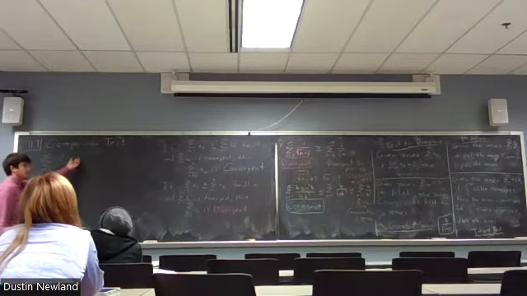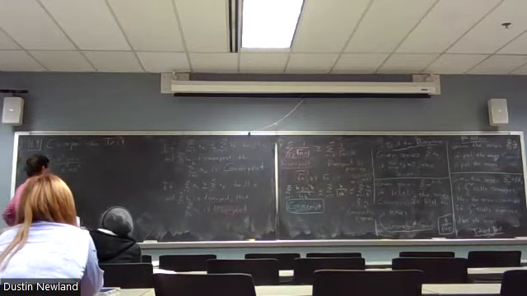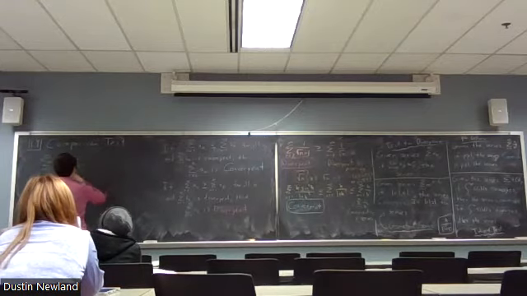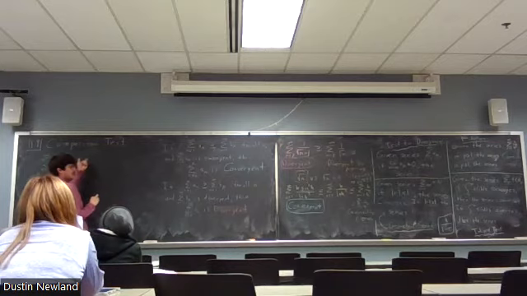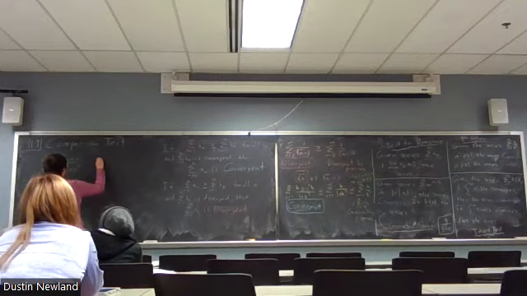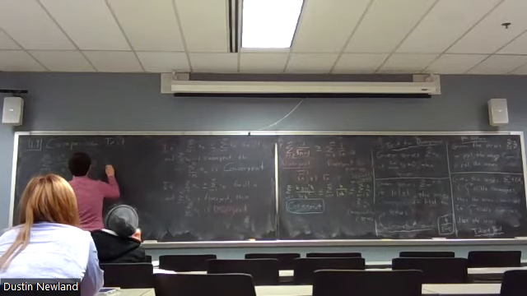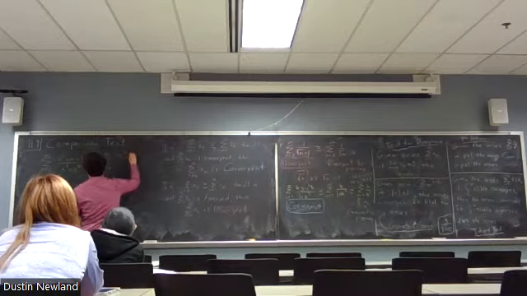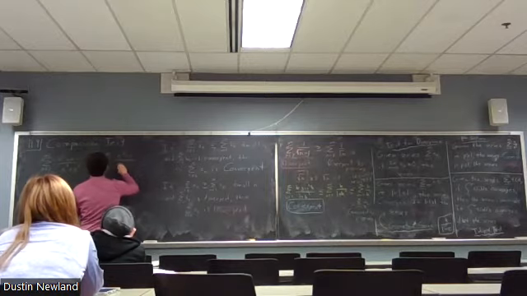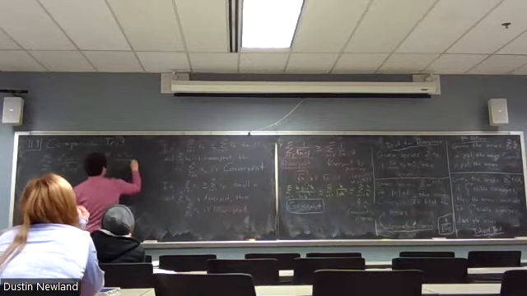So if I take off this 1, am I going to get a series that's bigger or smaller? It's going to be smaller, right? Because n squared plus n plus 1 is bigger than just n squared plus n, right? So this is going to be greater than or equal to n squared plus n over n to the 4th plus n squared.